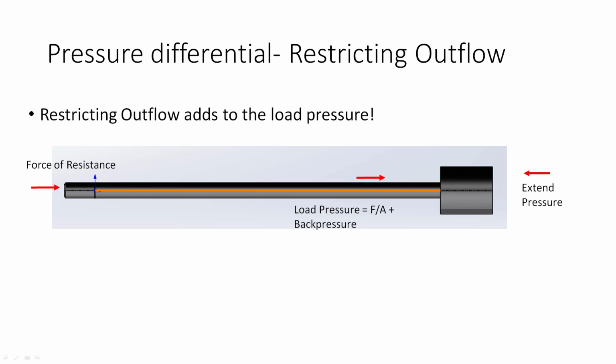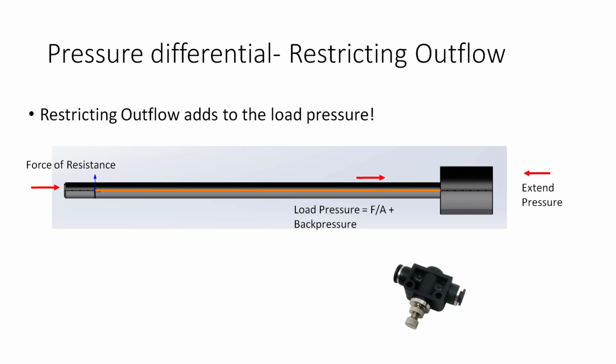The second takeaway here is this is how I make a piston go slower. I restrict the outflow out of the opposite side of where it's moving. So if I'm trying to extend it, all that I do is I slow down the outflow of air from the load side. And I do that using a little pressure regulator.